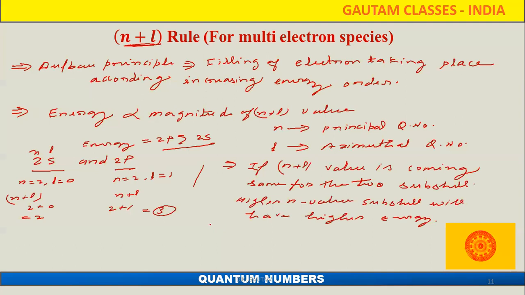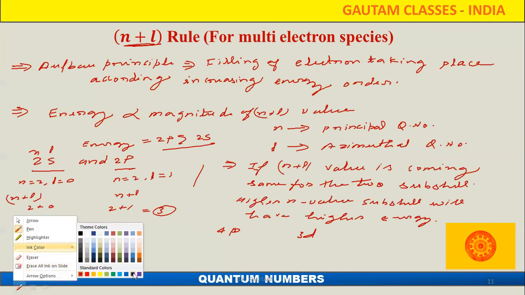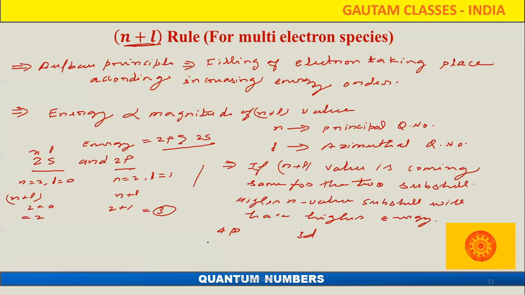Now look, I am giving an example here. Suppose 4p and 3d are given, and they are asking which one has the higher energy. So look, for 4p the n value is 4 and the L value is 1. For 3d the n value is 3 and the L value is 2.